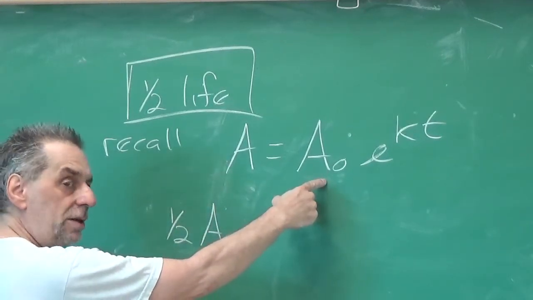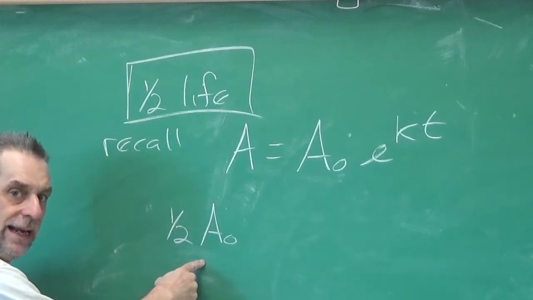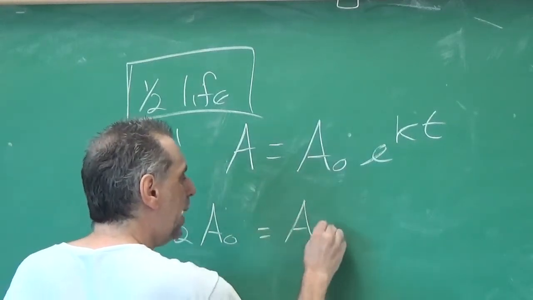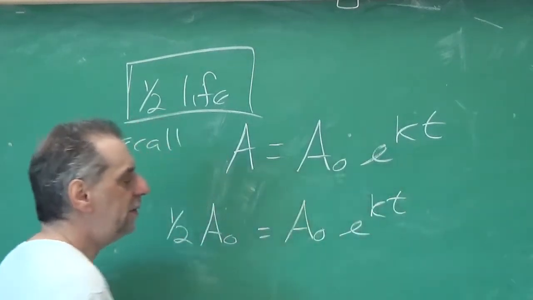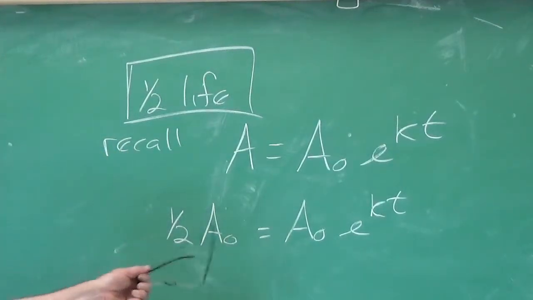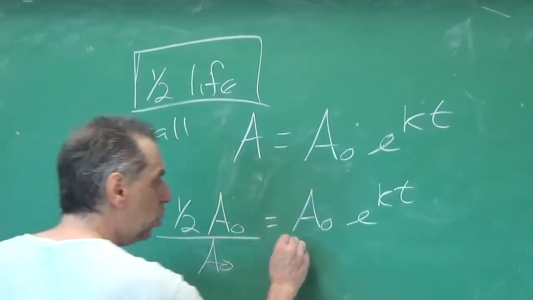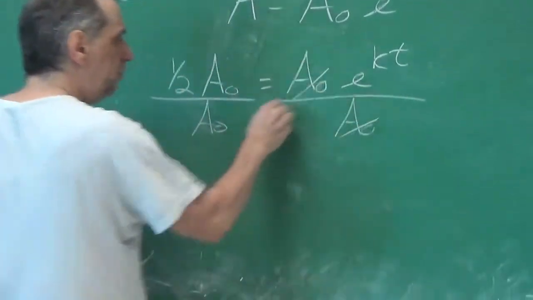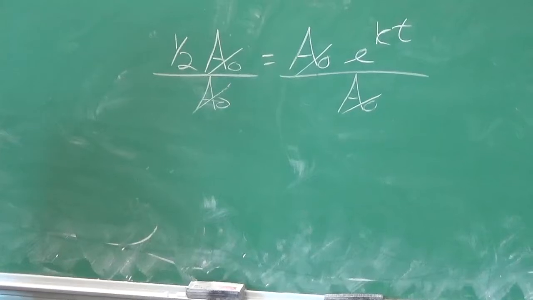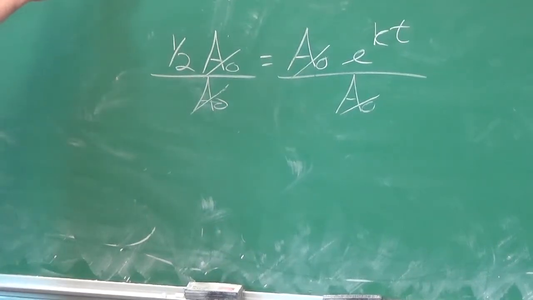We don't care what the original amount is, we just know there's half of it left at the end. In that way, that original amount doesn't even come into play, because we can just divide it out of both sides.